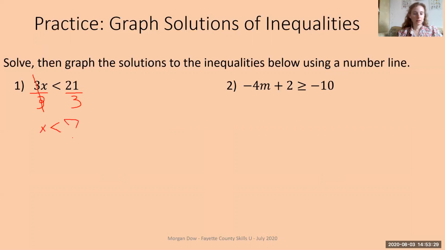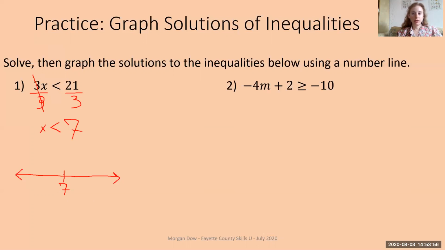All right, there's my solution. X is less than 7. So I want to graph this on a number line. I'm going to make a number line. We're going to keep it really simple here. I'm just going to put the number 7. I don't need to put the other numbers because number lines are always set up in the same way, where as you travel to the right, you're increasing. As you travel to the left, you're decreasing.